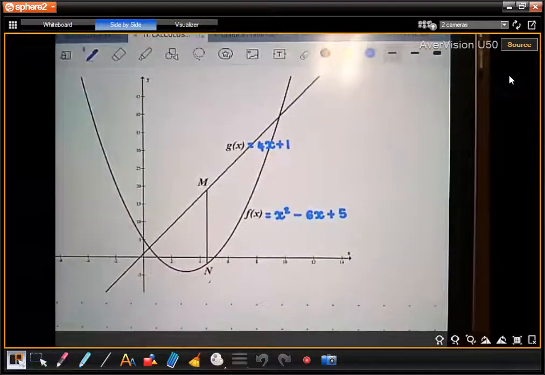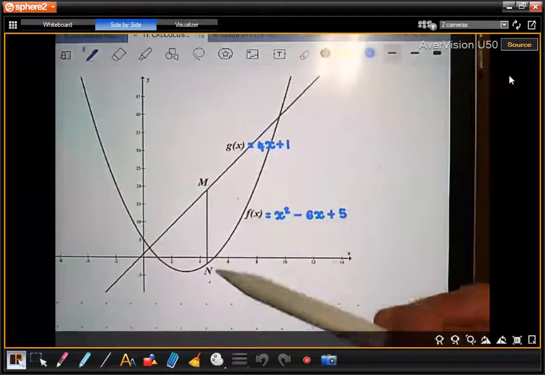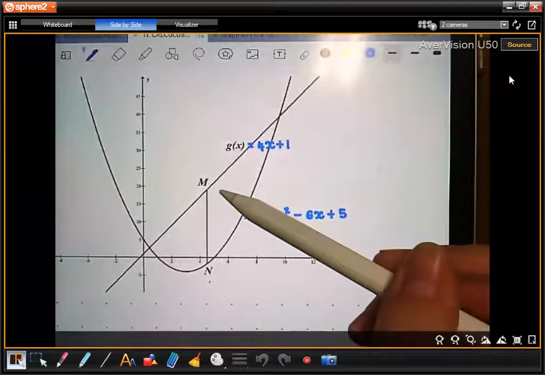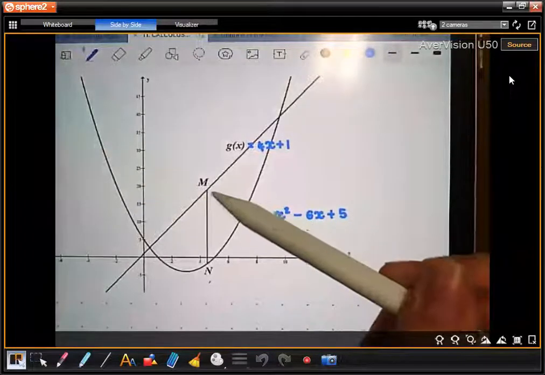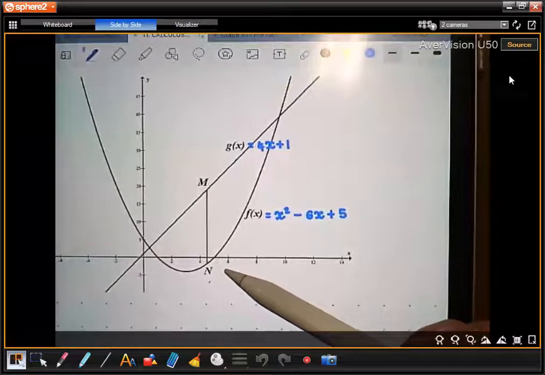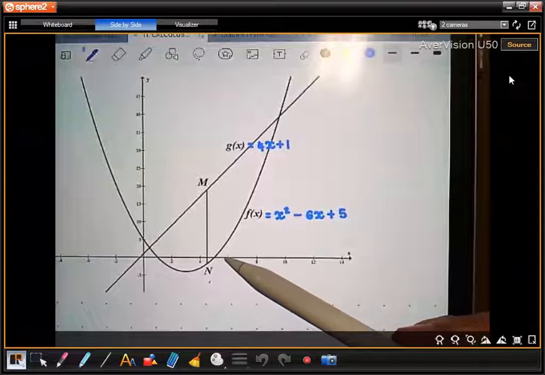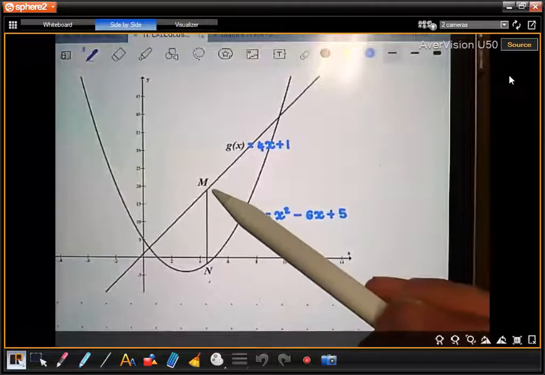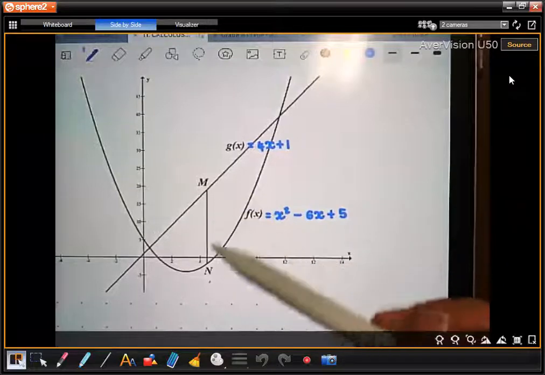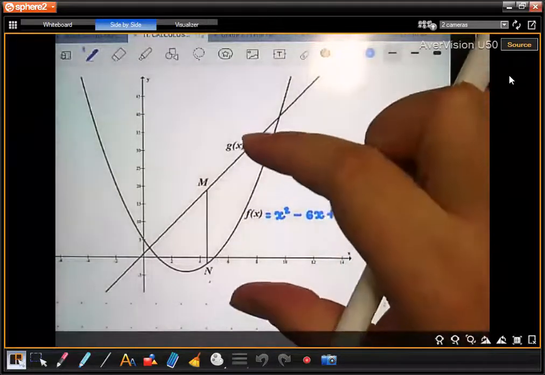Now, if we knew exactly what these 2 y values would be, what would we do to get the actual length? Not an expression, but the actual length. If I could read off very accurately what the y value of M is and the y value of N, what would I have to do with those 2 values to get the length? Just the y values. Okay, so we could use the distance formula, but guys, these 2 are in line, right?